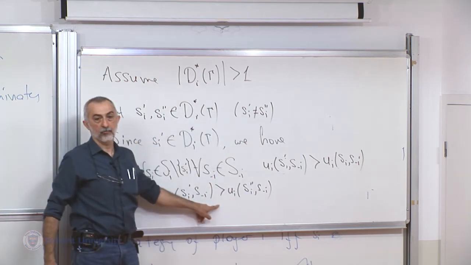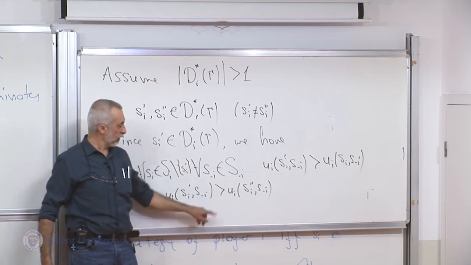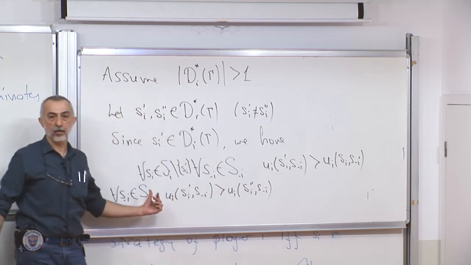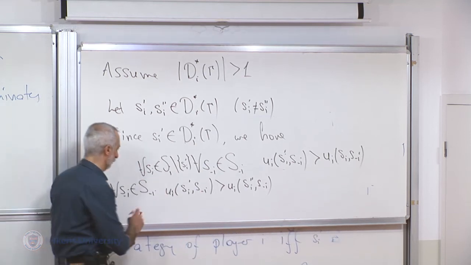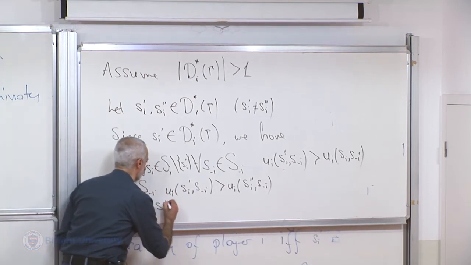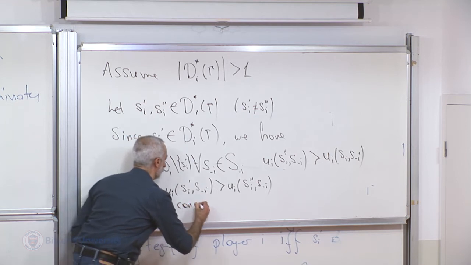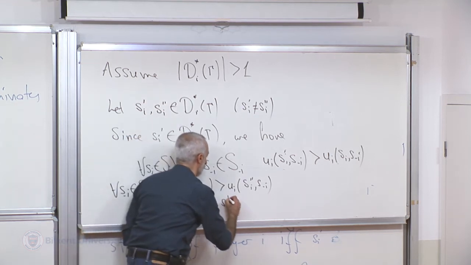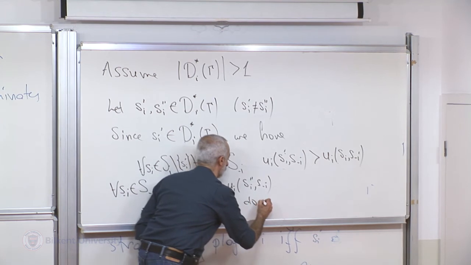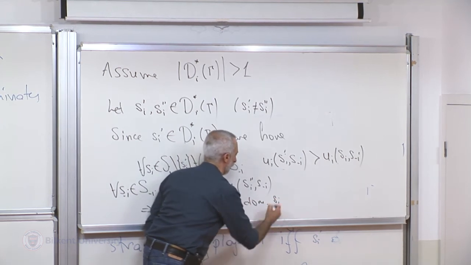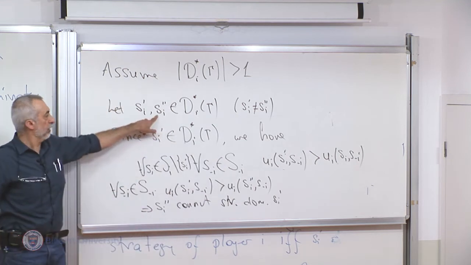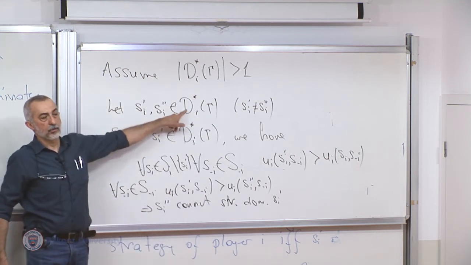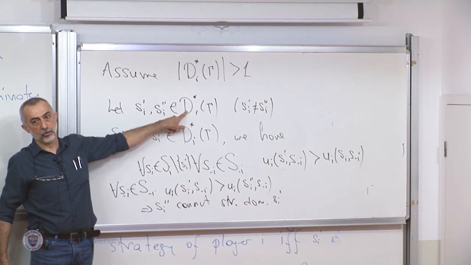So that's what we have. But if this is the case, can Si double prime strictly dominate Si prime? No. Contradicting the fact that Si double prime is a strictly dominant strategy solution.